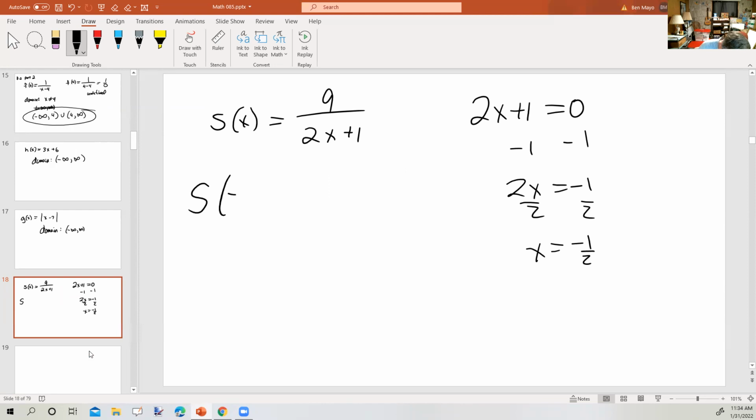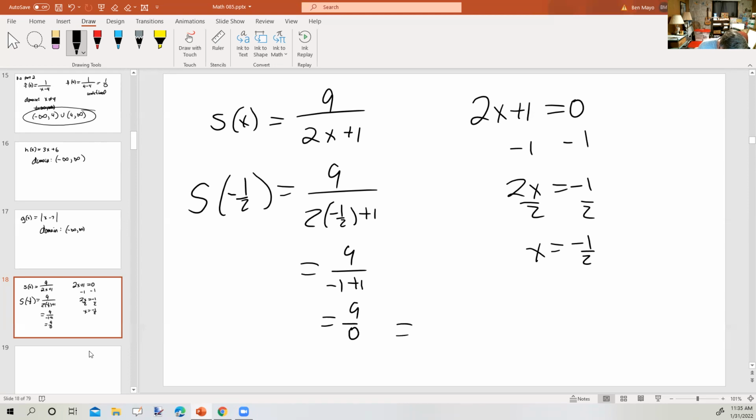In other words, s of negative 1/2 would be 9 over 2 times negative 1/2 plus 1, which would be 9 over negative 1 plus 1, which is 9 over 0, which is undefined. So the domain would be x not equal to negative 1/2.